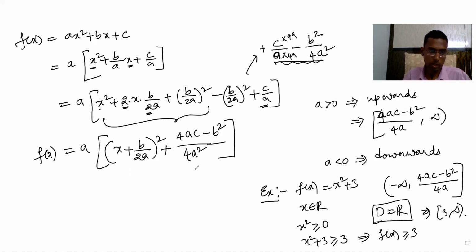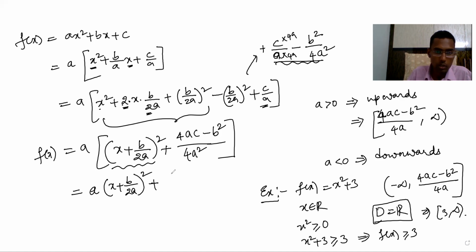Hope you got that. Similarly, this thing is a square, and this square is always greater than or equal to 0, yes or no? So therefore, what do I write? This a will bring inside, a into x plus b by 2a, this is a perfect square.